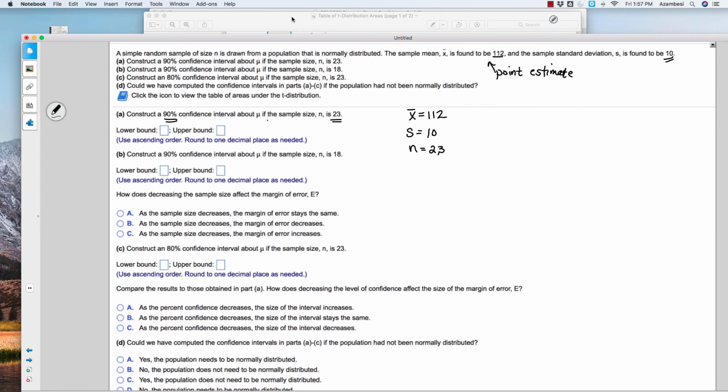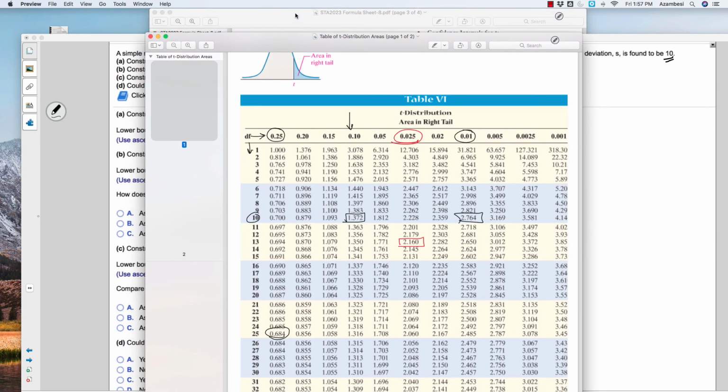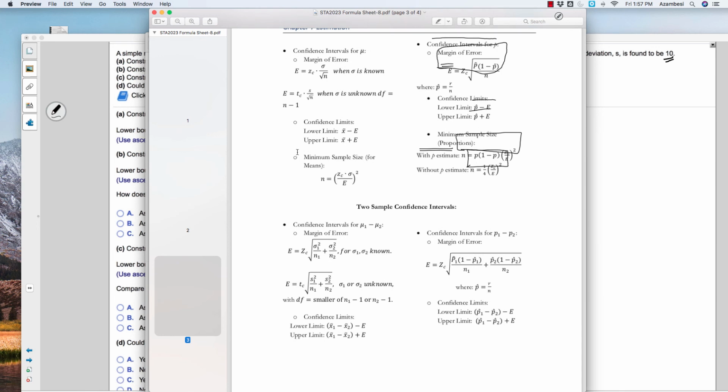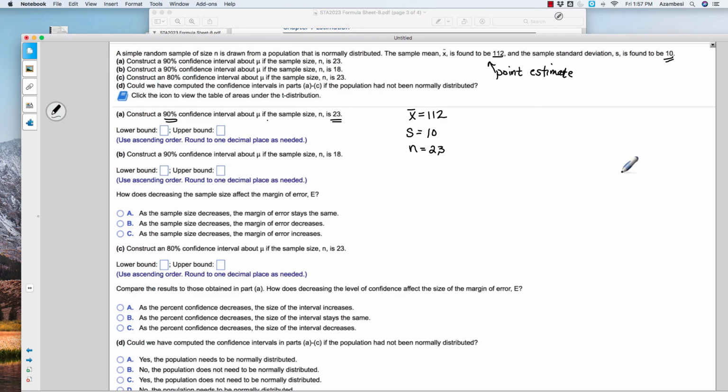And the reason that 90% is important is if I go to the formula sheet, when we're calculating confidence intervals for the means, this is the margin of error that we're going to use. So we need a t-value from the table, and then we're going to use s and the square root of n.